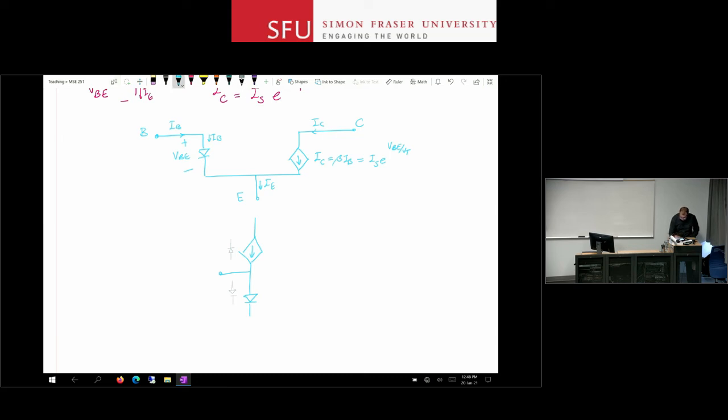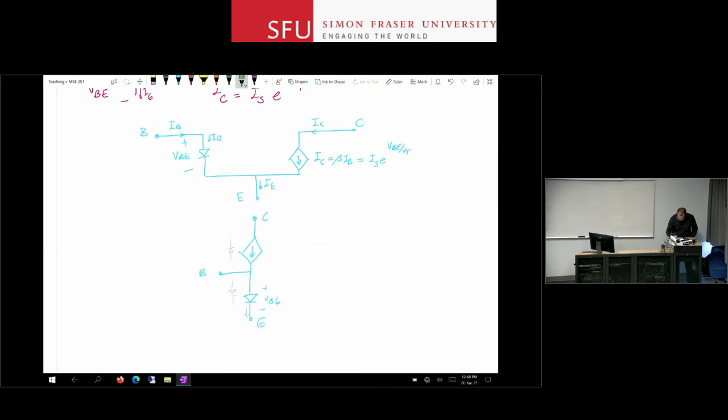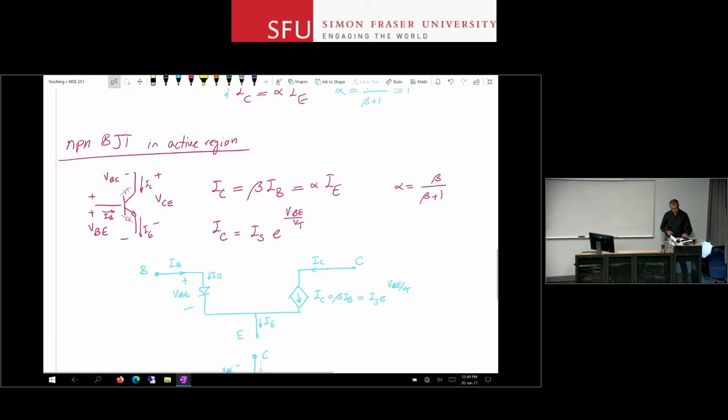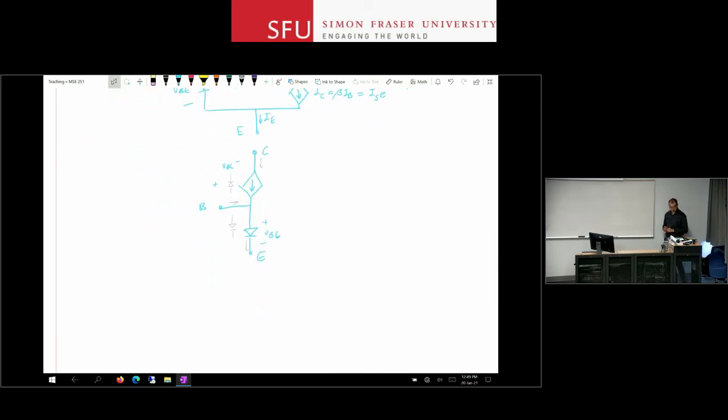This is the base terminal, collector terminal, emitter terminal, and this is VBE, and of course IE goes out, IB goes in, IC goes in, and VBC is going to be the voltage here. Okay, this is actually easier to come across, right? So if you take that device, that symbol, you can see that this is what is happening inside it.